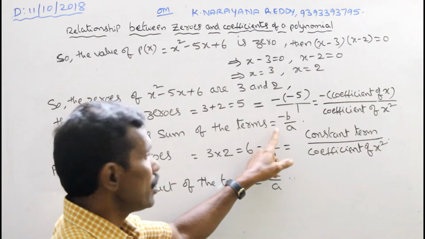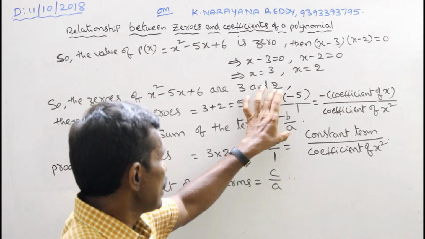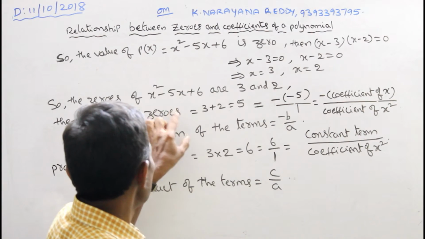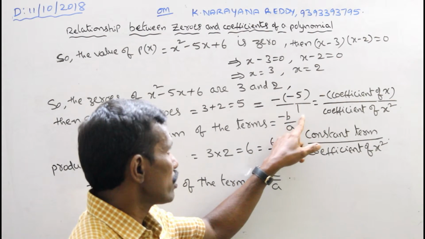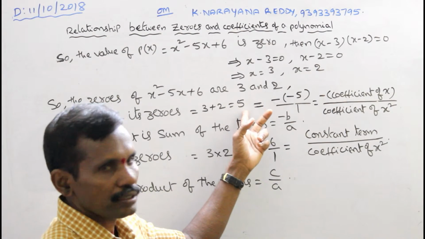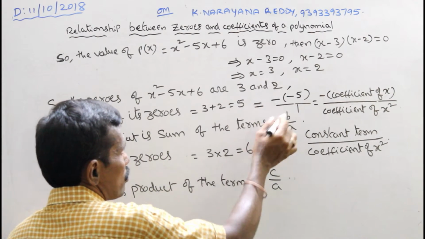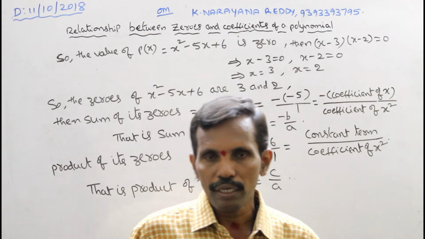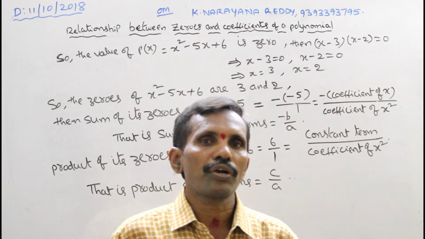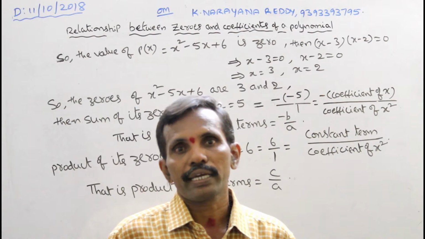So that is sum of its zeros equals minus of minus 5 by 1, which is nothing but 5. Yes or not? Both are equal. What is the formula? Minus b by a. Sum of the terms in a quadratic polynomial or quadratic expression.